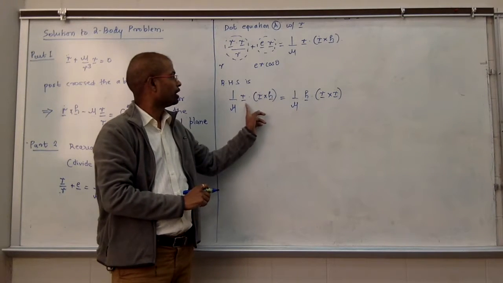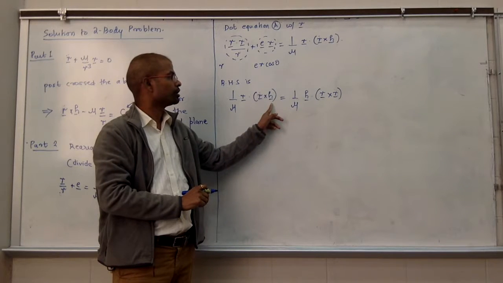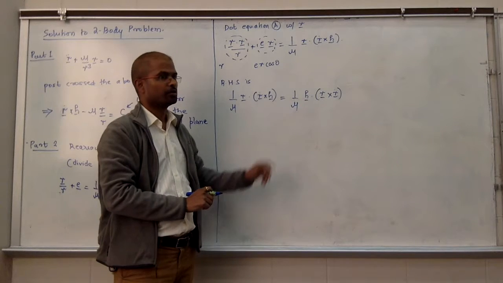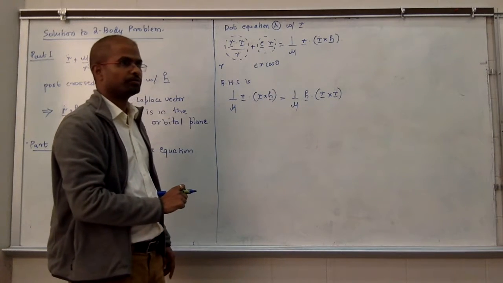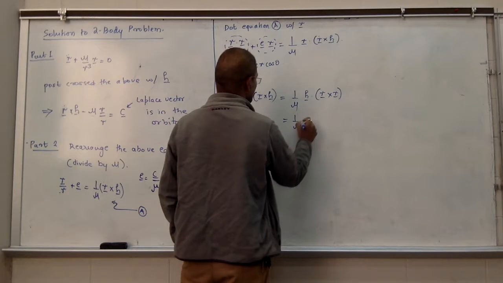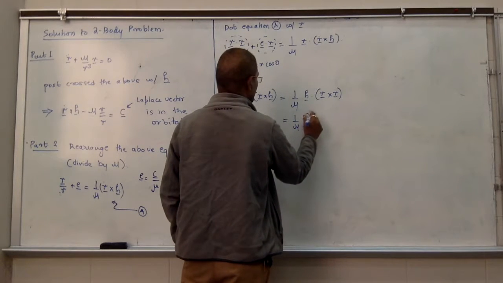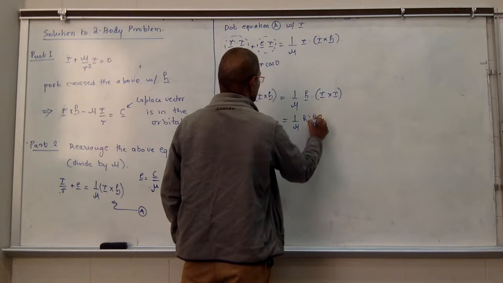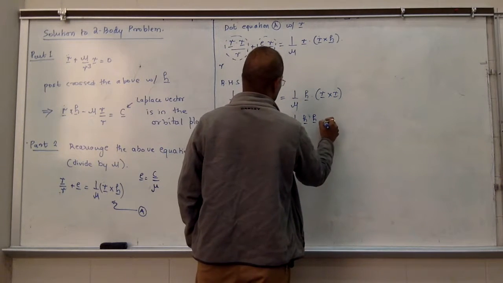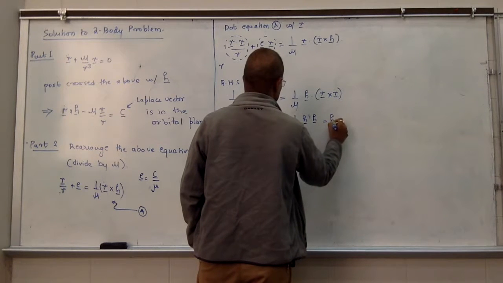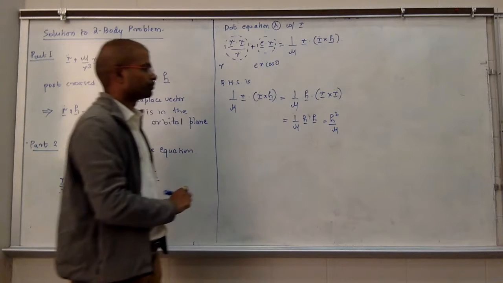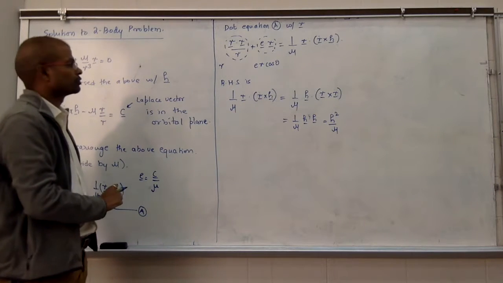A dotted with B cross C is C A B. I've done a cyclic rotation. So this would be 1 over mu, H dotted with H. So this is going to be equal to H square over mu.